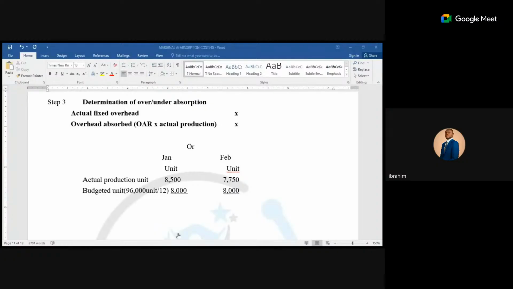It means the company gains more on that production, because as they produce, their sales will also increase. So it is a gain. That is over absorption. So what is the difference? 500 units over.